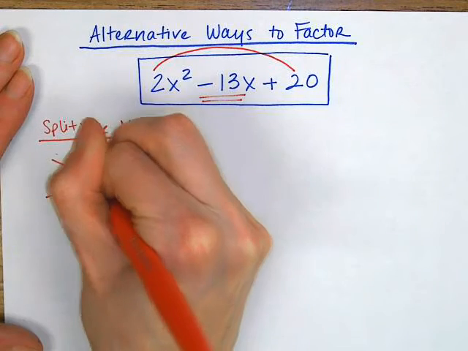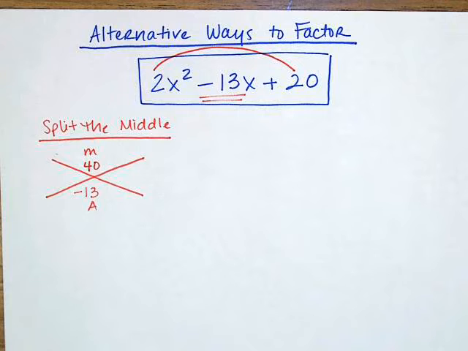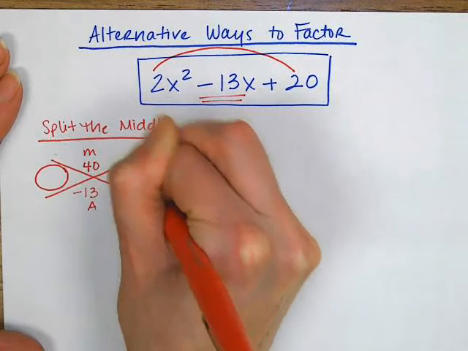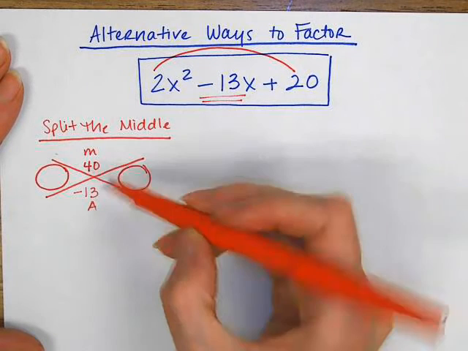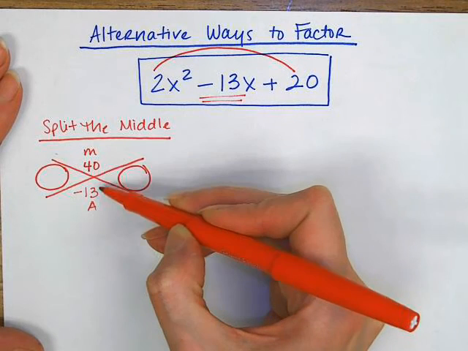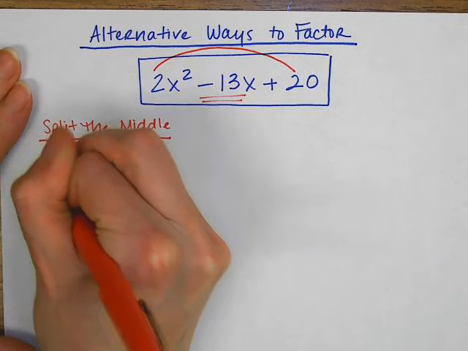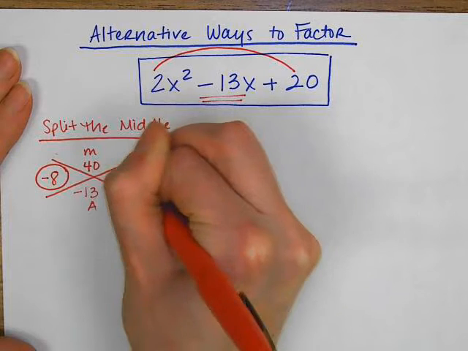So 2 times 20 is 40. And we've still got to find those two numbers. So what are two numbers that multiply to 40 but add to negative 13? It ends up being negative 8 and negative 5.